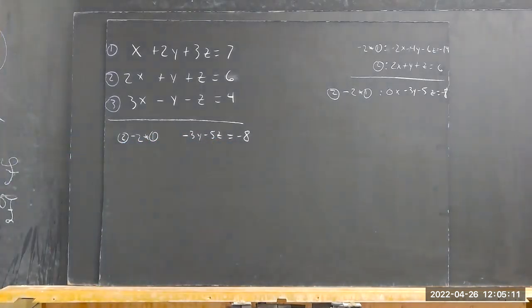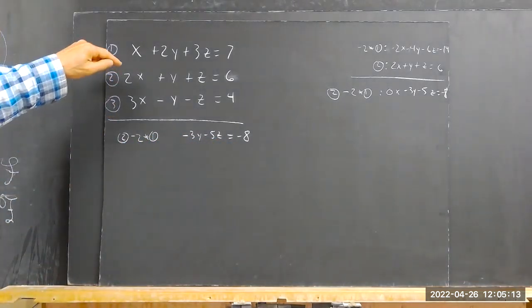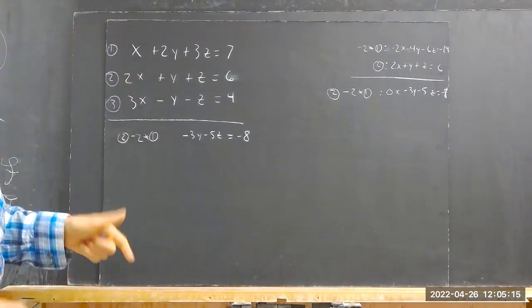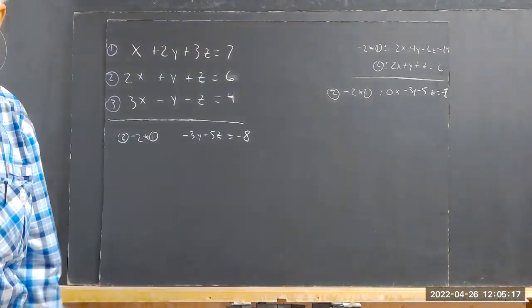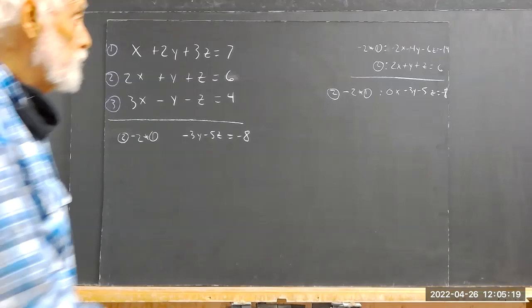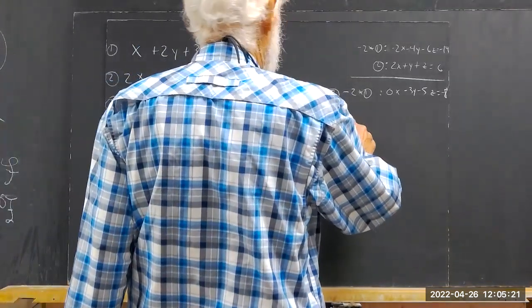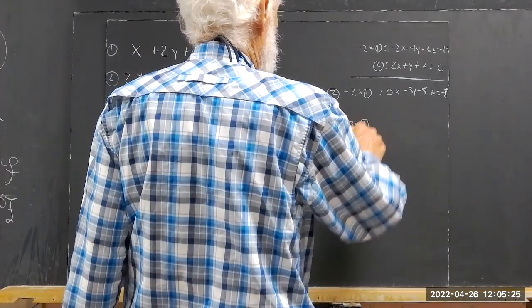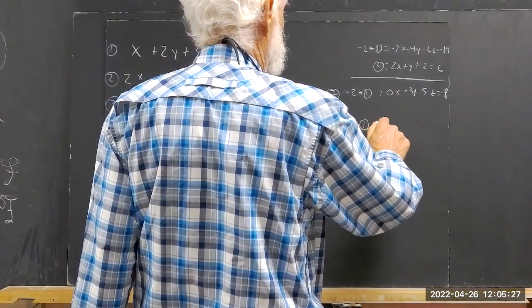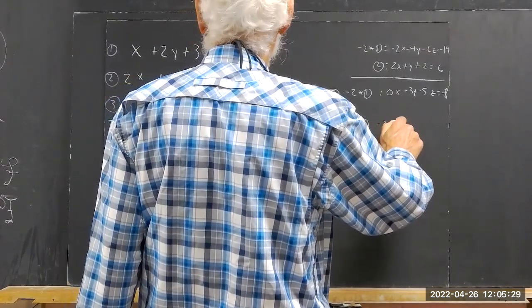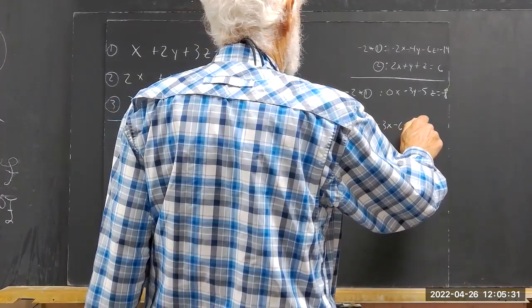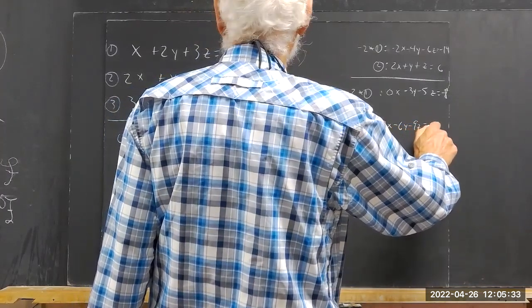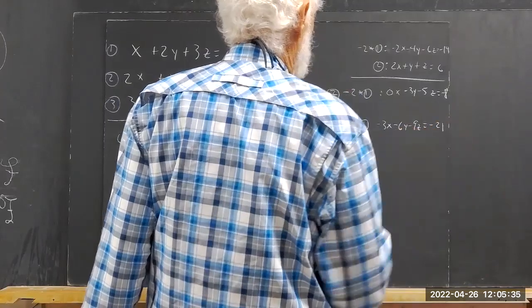Okay, of course, I can't just multiply the x by -3, got to multiply the whole equation by -3. So now let's go write it out over here. -3 times equation 1 is -3x minus 6y minus 9z equals -21.